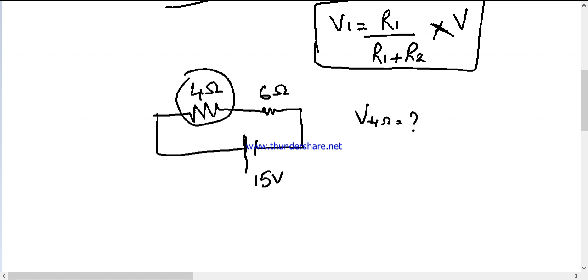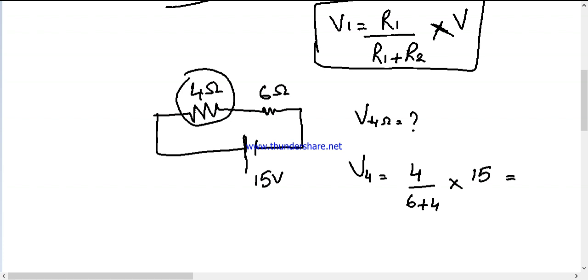We can calculate simply by the formula. The 4 ohms resistance we have taken here will be the numerator, and in the denominator we will take the sum of the resistances, that is 6 plus 4, times the total voltage, that is 15.